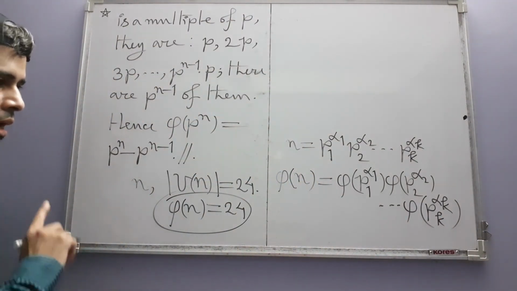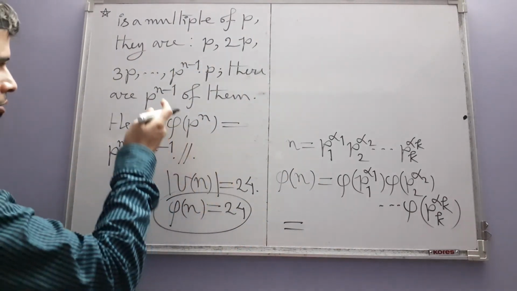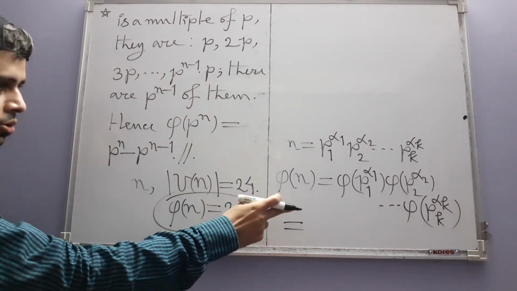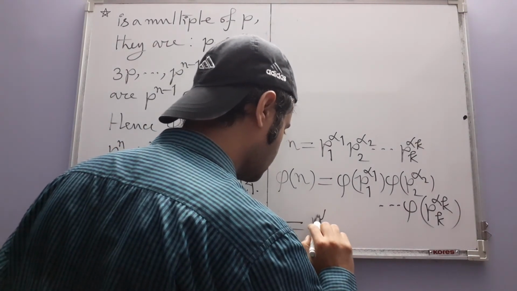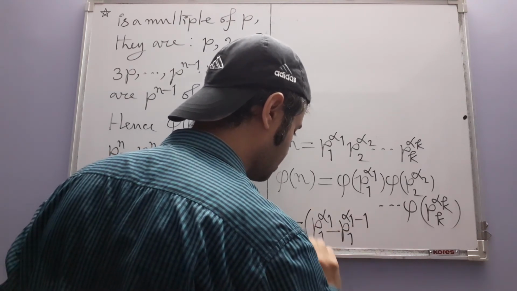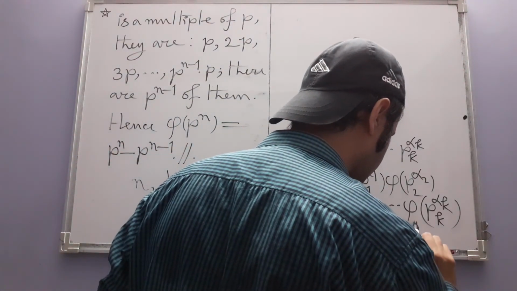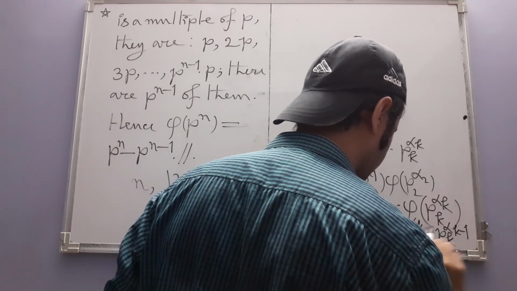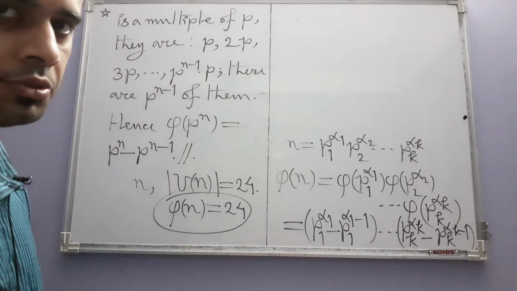And here in this previous one we have calculated this now. So we know what these things are: p1 to the power alpha 1 minus p1 to the power alpha 1 minus 1, like that. The next one also, you get the idea. pk to the power alpha k minus pk to the power alpha k minus 1. So this should be equal to 24.